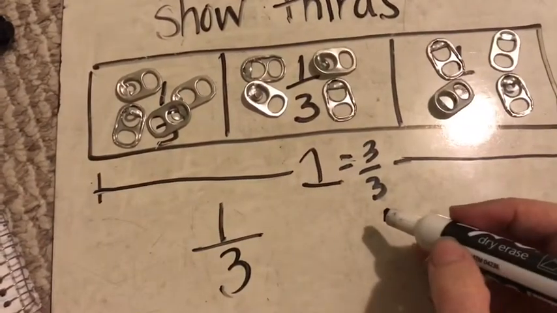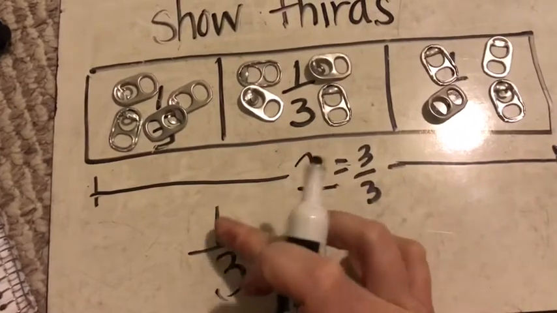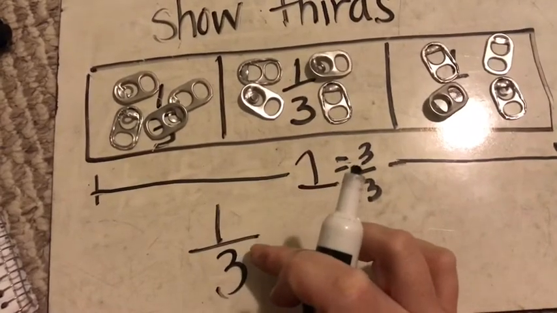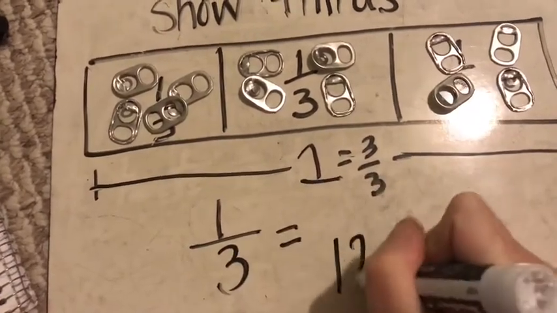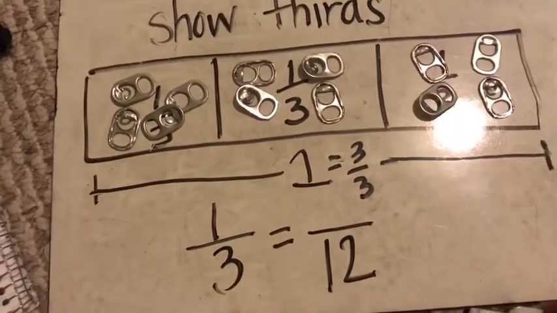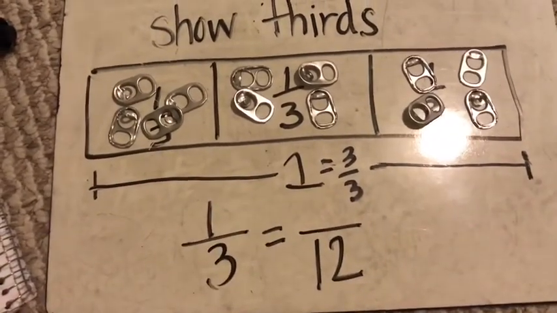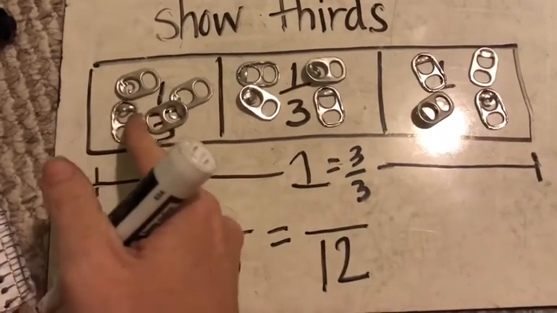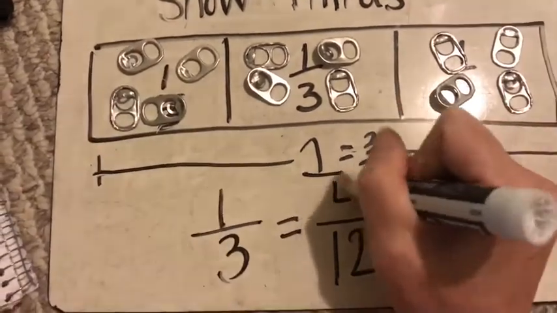But what if I wanted to do an equivalent fraction for 1/3? Remember, each of those tabs was 1/12. How many 1/12ths make that third? 1/12 plus 1/12 plus 1/12 plus 1/12. Well, that's 4/12.